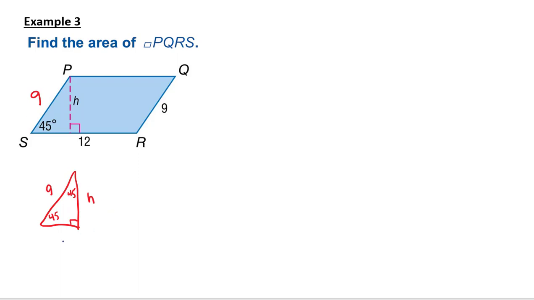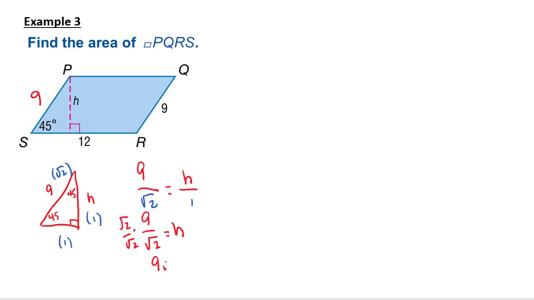Remember, our ratios were not 1, 2, root 3, they're 1, 1, and root 2. So set up your proportion. 9 is to root 2 as my height is to 1. So basically, I have 9 over root 2 is my height. If I multiply by root 2 over root 2, I get that in simplest radical form.